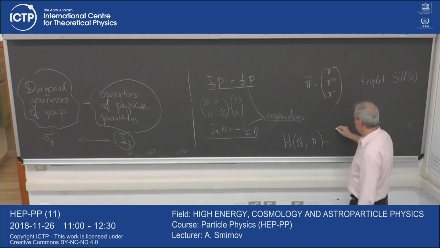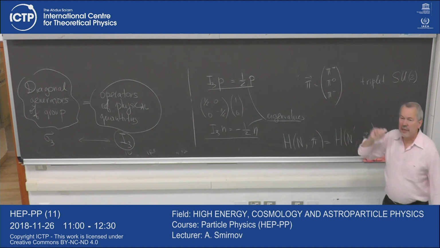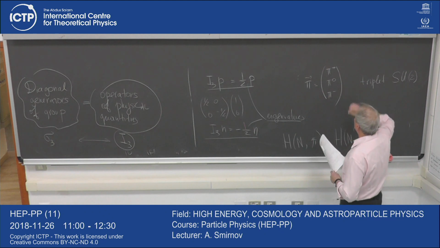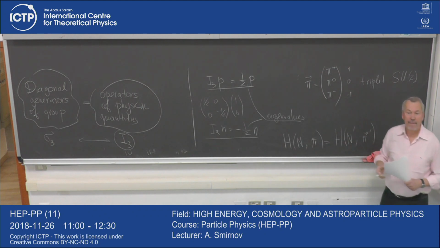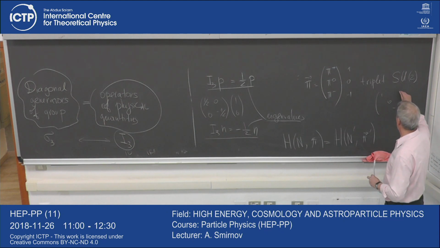So if you do transformations, the Hamiltonian in terms of transformed fields should have the same form. So this is invariance. Now, the third projection of isospin in the triplet is +1, 0, and -1. This is what stands in the adjoint representation of isospin, the third projection. So it has the form 1, 0, -1.